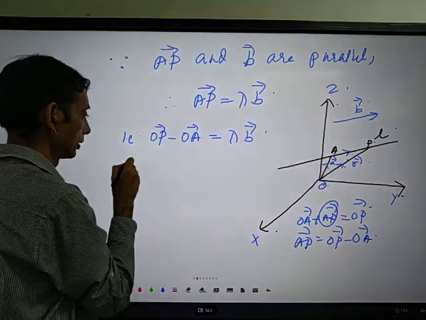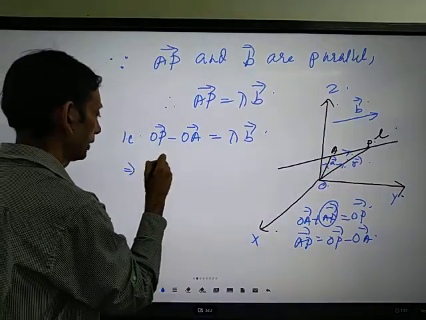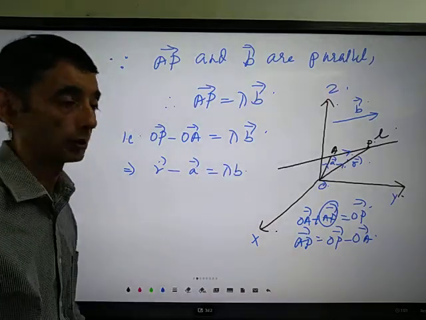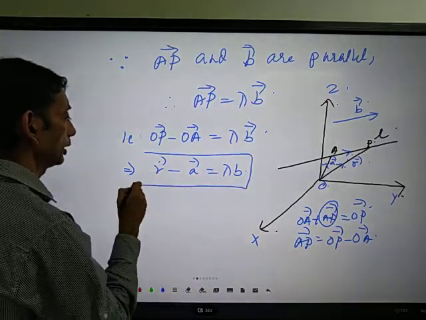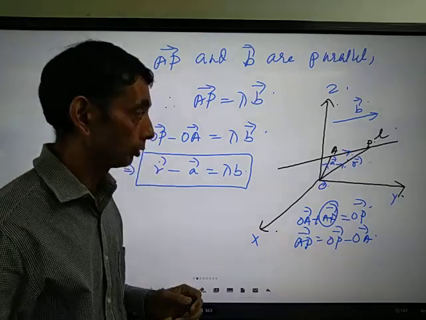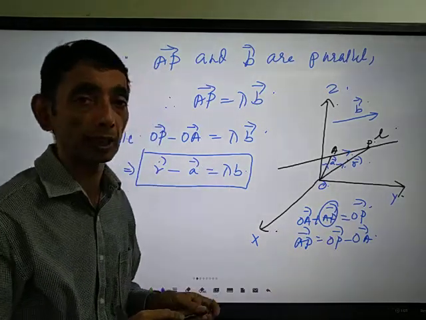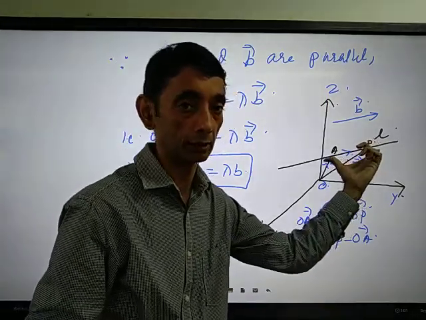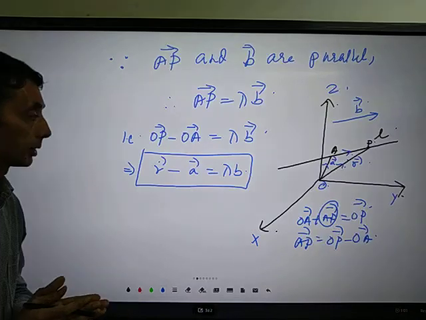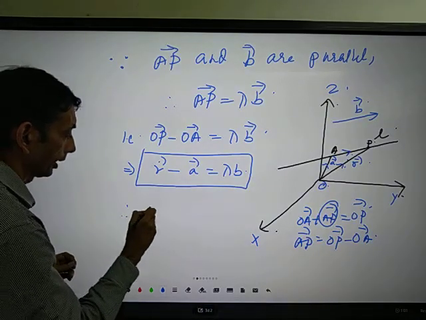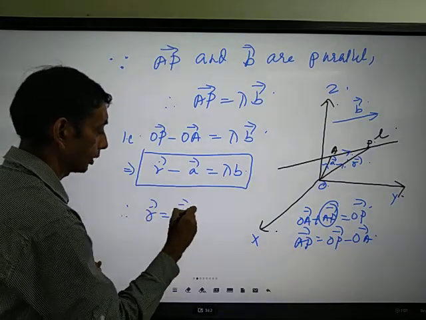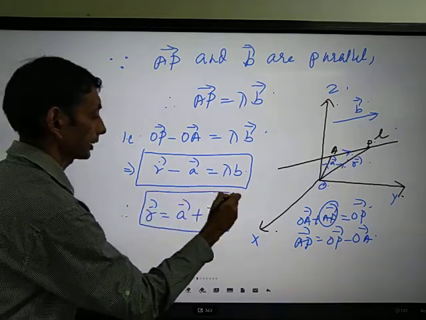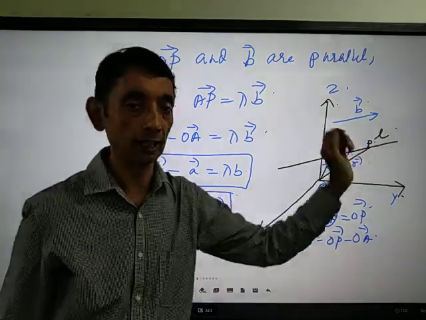What is OP? OP is vector r, and OA is a, so r minus a equals lambda b. Fine, so we got an important equation. For any value of lambda, it will give an arbitrary point on this line. Therefore, the equation of the line can be written in standard form as r equals a plus lambda b. So this is the vector equation of the line L.